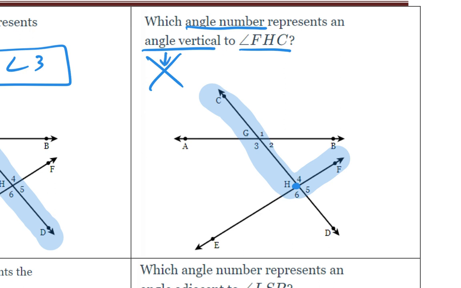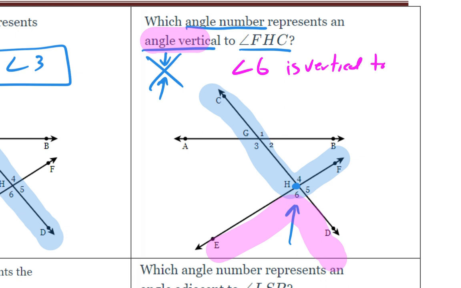So if we're looking right here, we also want to look right here. Which angle number represents an angle vertical to that? So we would say that angle 6 is vertical to angle FHC.